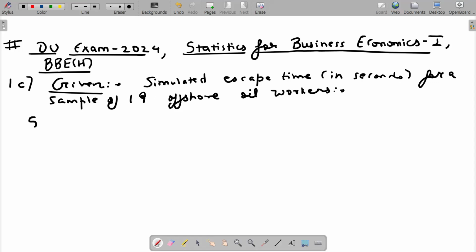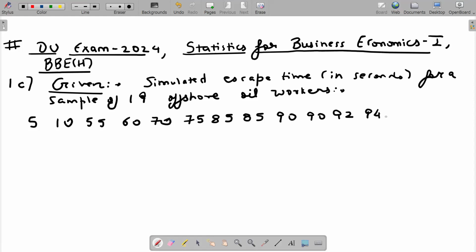This is 5, 10, then we have 55, then we have 60, then we have 70, then we have 75, 85, 85, 90, 90, 92, 94, 94, 95, then we have 98, then we have 100, then we have 115, then we have 125, and then we have 190.